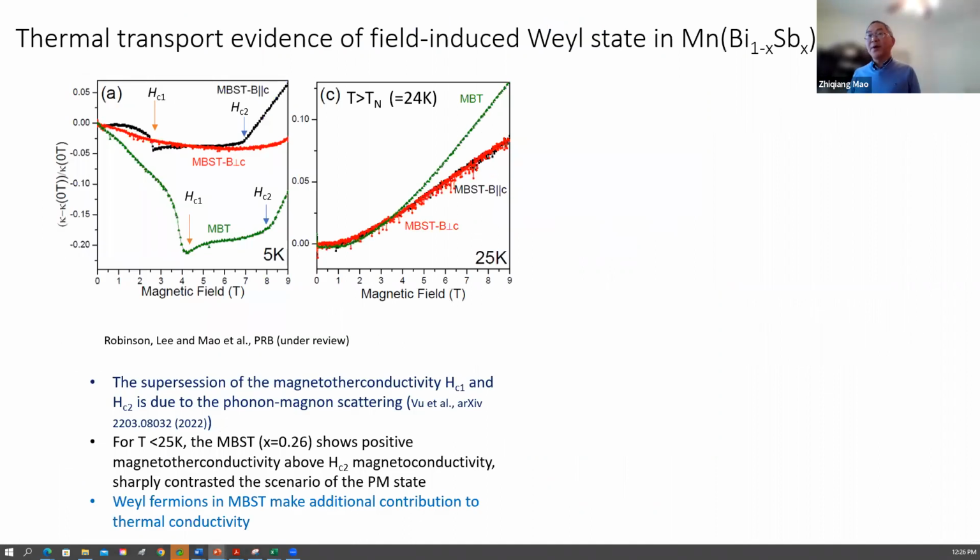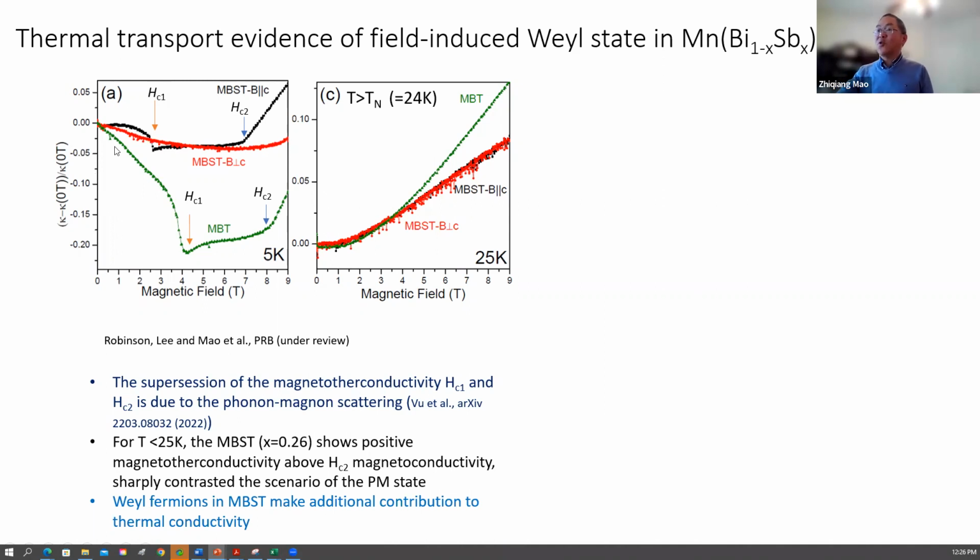And recently, we also observed thermal transport evidence of the field-induced Weyl state. So we did thermal conductivity measurements. What I'm showing here is the magneto-thermal conductivity for MnBi2Te4 and MnBi2Te4 with x equal to 0.26.